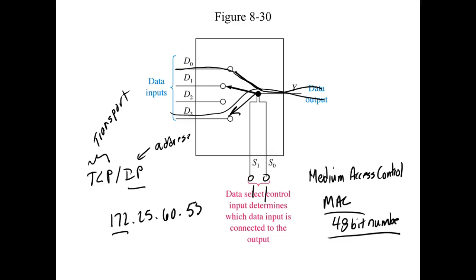The last switch, by the way, keeps up with the MAC address. The MAC address is physical. It's a 48-bit number, which is a lot. How many MAC addresses can we have? That's 2 to the 48. So we're not even running out of MAC addresses.